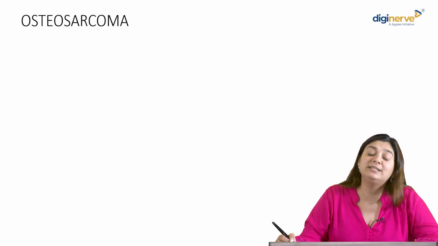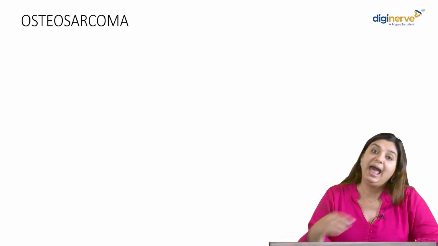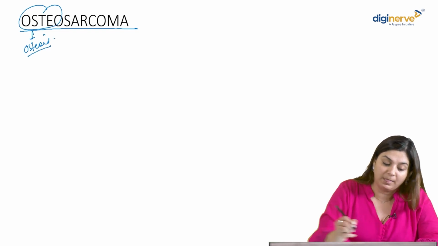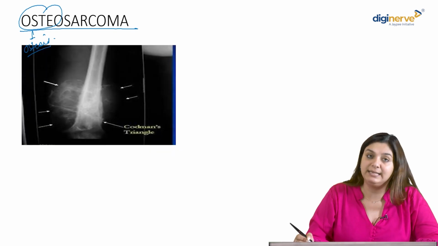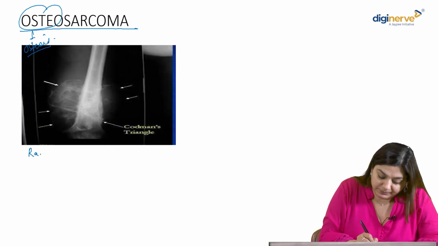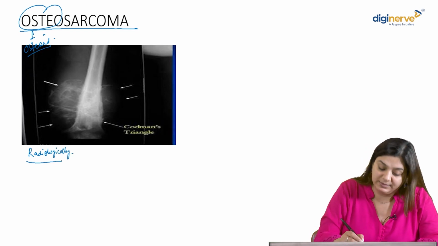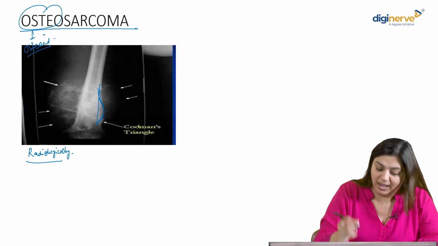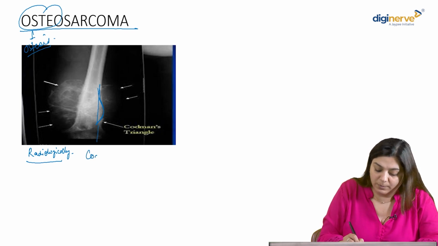So the first one is osteosarcoma. As the name suggests, osteo means what, students? Osteoid. So if you see radiologically, what you are going to see is, this is the shaft and this is the periosteal reaction, and this is forming what? A Codman triangle.